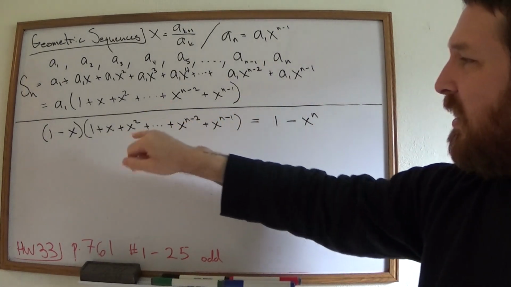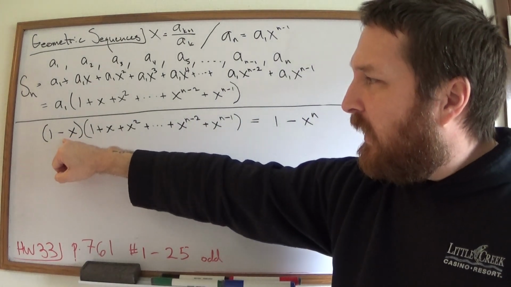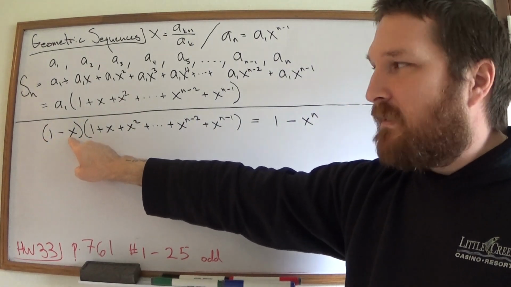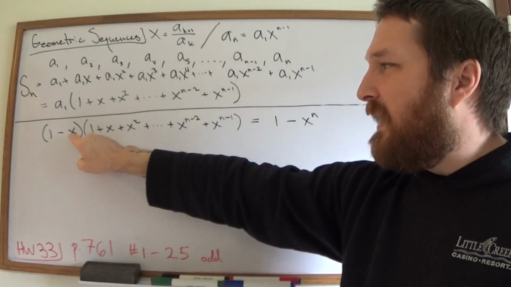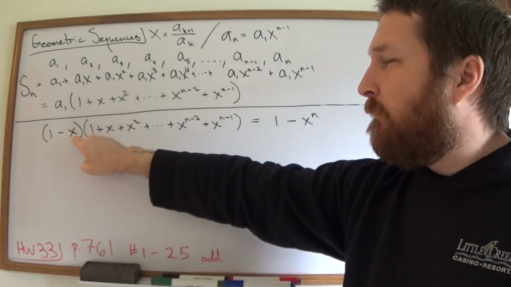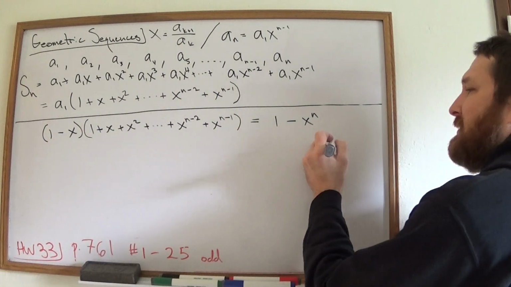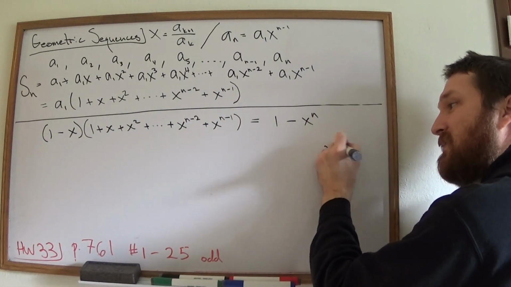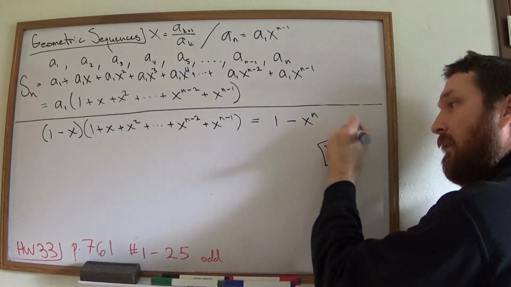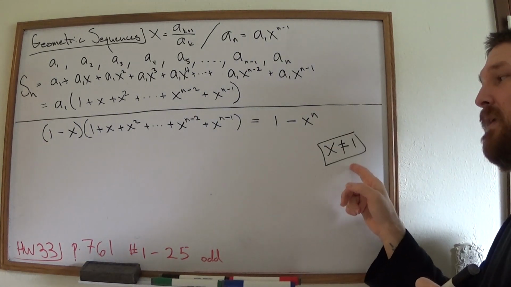Now, if x is not equal to 1, then 1 minus x is not equal to 0. The only way that thing's equal to 0 is if x is equal to positive 1. So this next step that I'm going to take, if x is not equal to 1, that's the only restriction we have now.